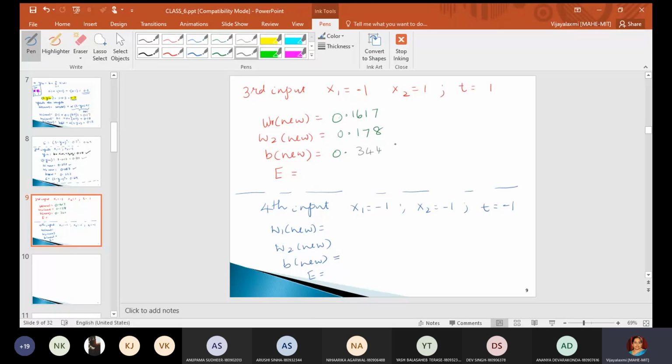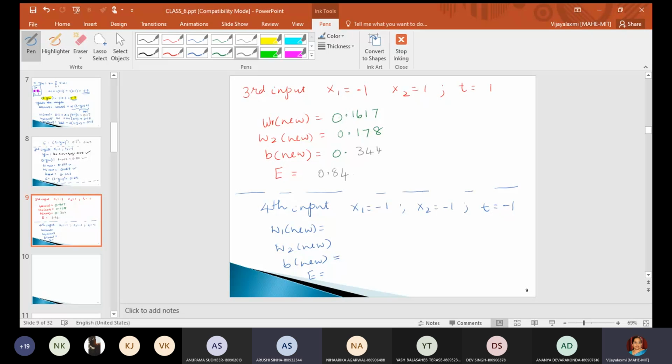Okay, it's okay. 0.345 you would have got. Fine. What is error? Can you please tell? Ma'am, error is t minus y in. It is 0.92. The error would be 0.92 square, which is 0.8464. Okay, fine.